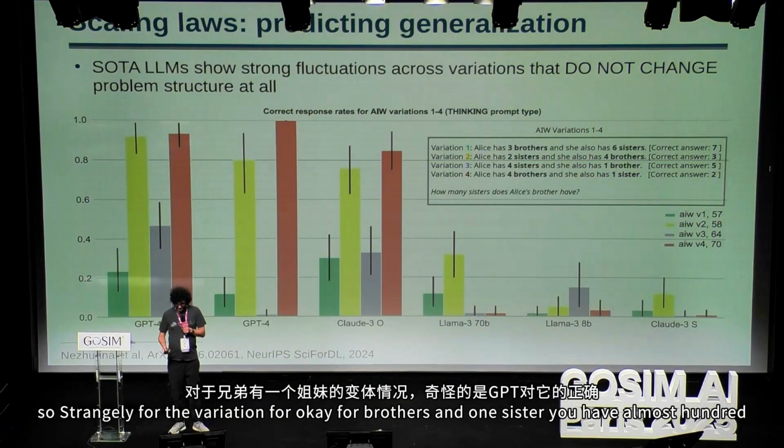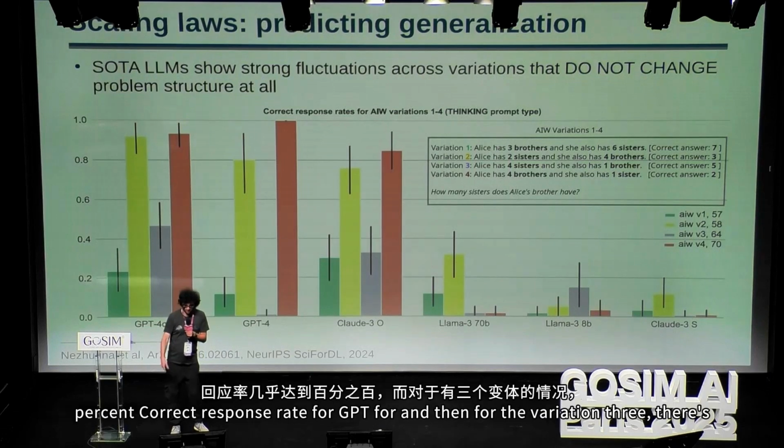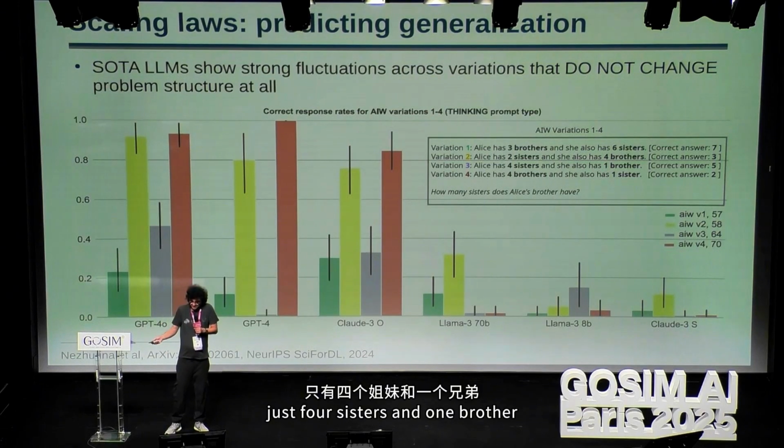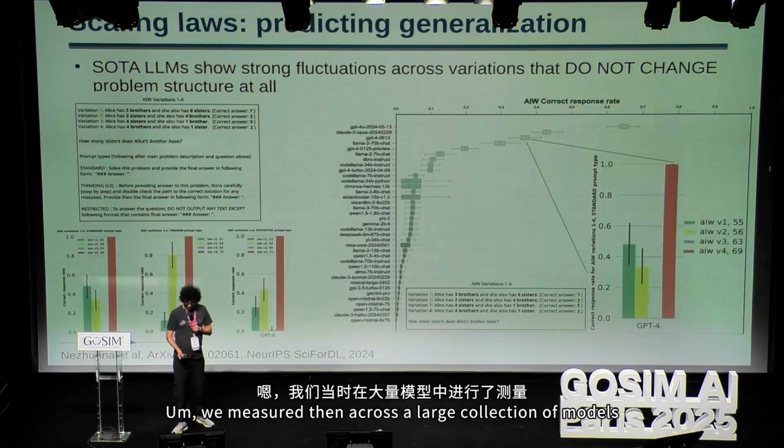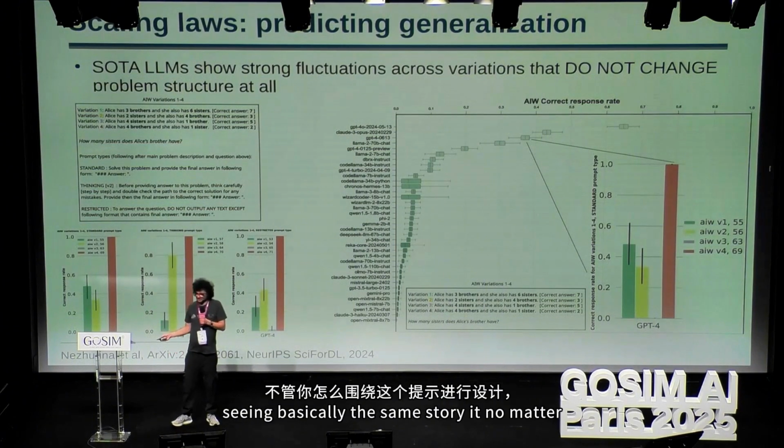Strangely, for variation 4, 4 brothers and 1 sister, you have almost 100% correct response rate for GPT-4. And then for variation 3, just 4 sisters and 1 brother, it drops almost to 0. So something is off. We measured then across a large collection of models, seeing basically the same story.